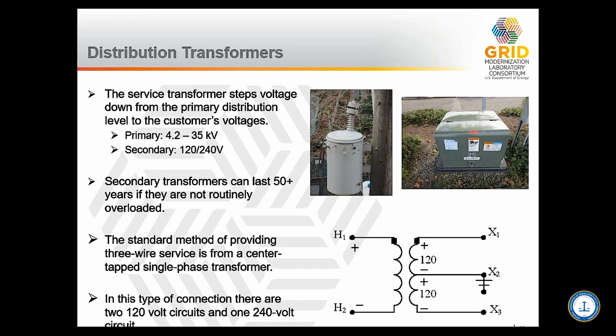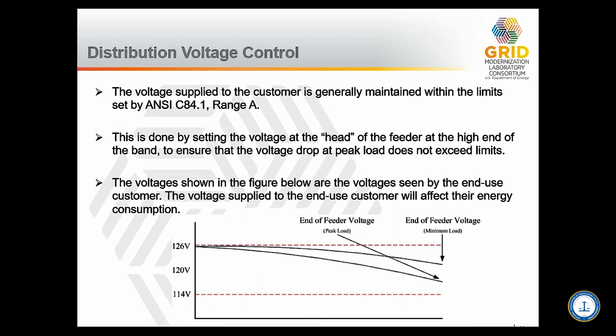Next slide, please. The key thing is that will get you voltage to the house, but one of the key things is you have to maintain voltage within a set range. Within the US, we tend to use ANSI C84.1 Range A. This diagram shows the voltage from left to right, the left assumed to be the substation, and the right is an idealized line as you go out.